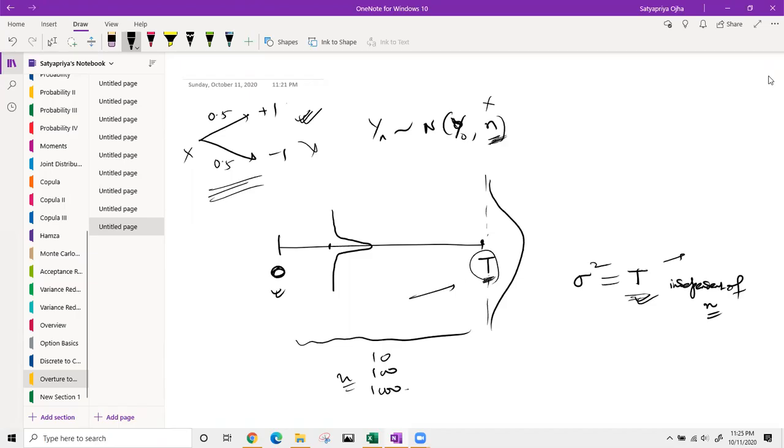Imagine how we got n in the variance in the first place. It was n times 1, correct? In one step, the variance was 1. So when we added n steps together, the overall variance was n times 1, equal to n.